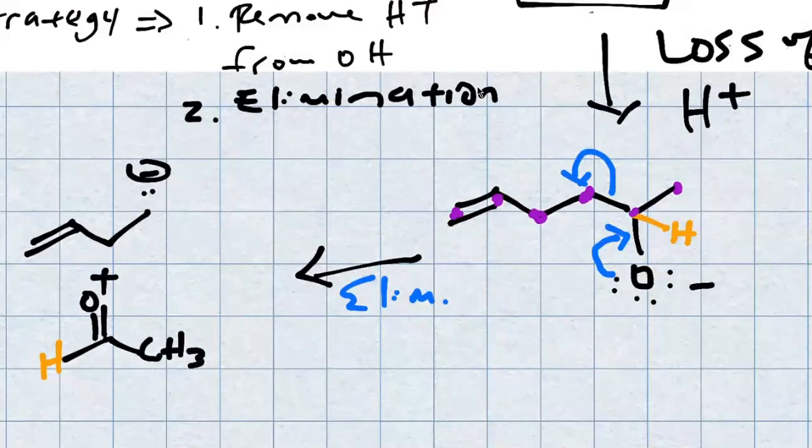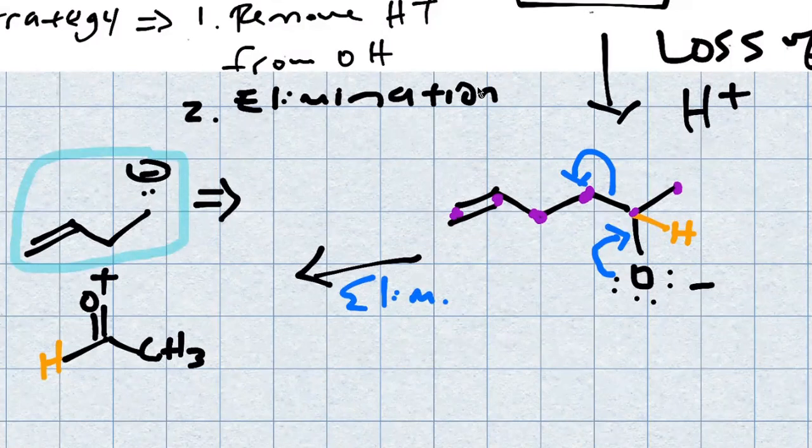All right, and so the piece that I kicked off, that's what I can write as my Grignard, because that carbon is negative. So that means I can stick a magnesium on there with no problem. So that's my Grignard piece.